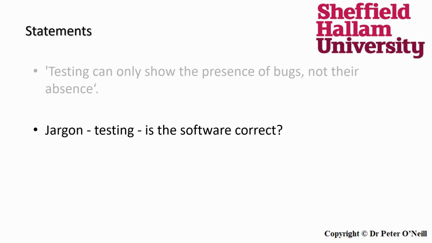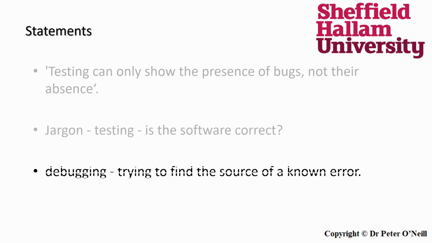Testing: is the software correct? Debugging: trying to find the source of a known error. They are very different. Testing asks, is the software correct? Does it fulfill the person's needs? Debugging is trying to find the source of a known error. In other words, when it does this and this, it does this and it shouldn't.